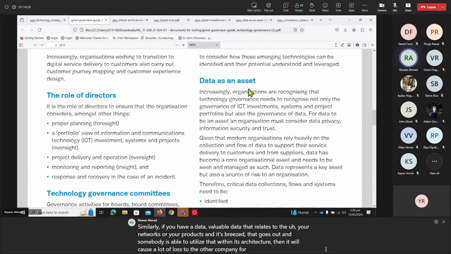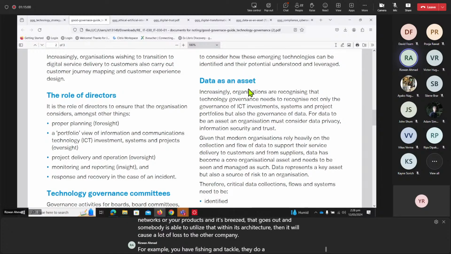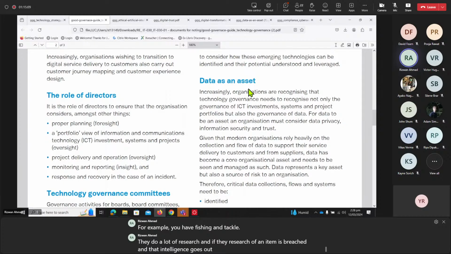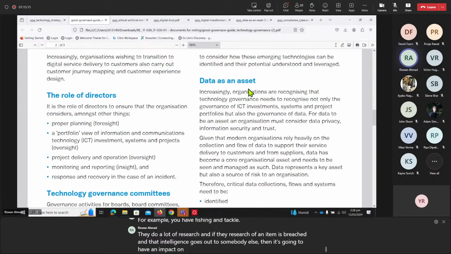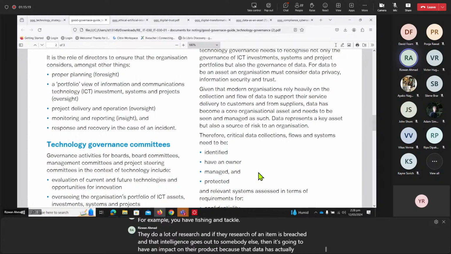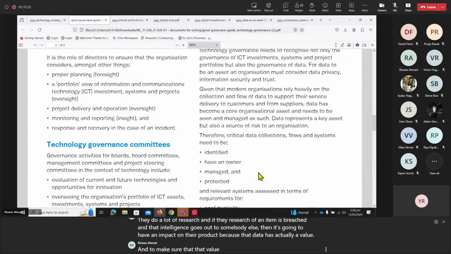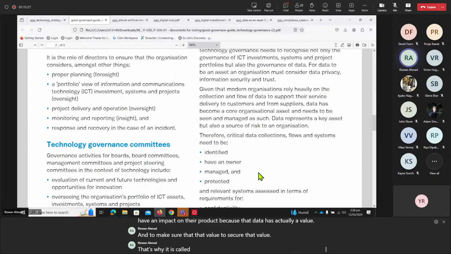For example, Fisher and Paykel do a lot of research. If their research on an item is breached and that intelligence goes out to somebody else, it's going to have an impact on their product because that data has a value. To secure that value, that's why it is called data as an asset.